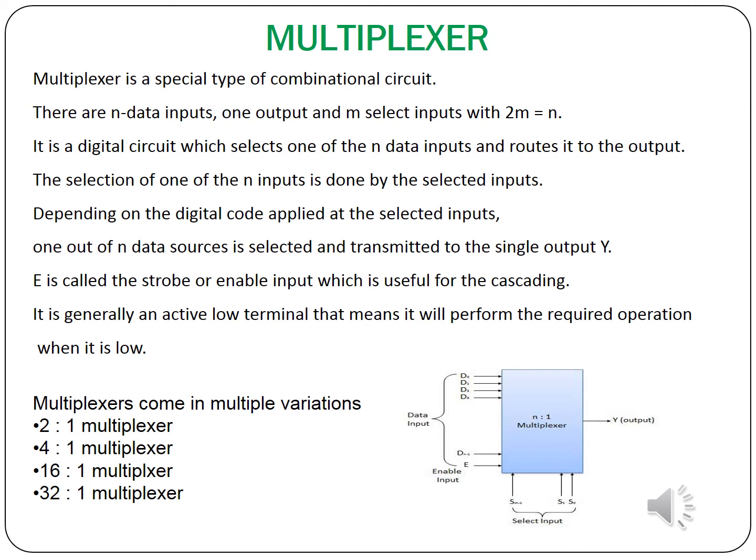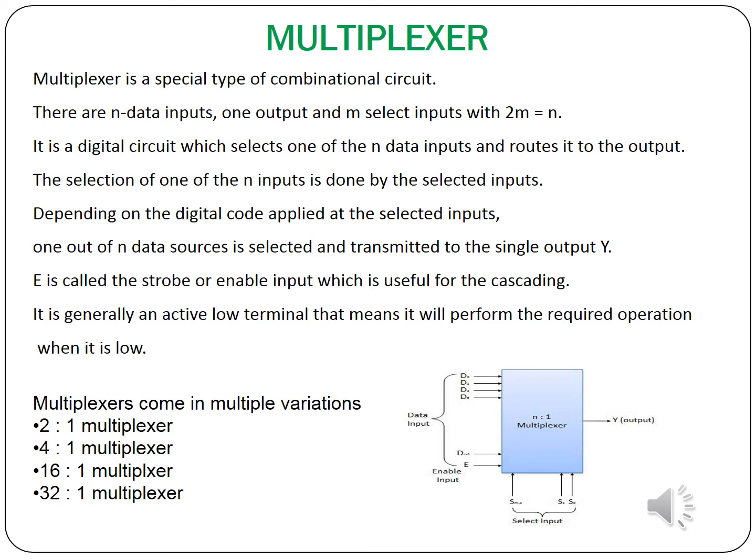Multiplexers come in multiple variations: 2:1 multiplexer, 4:1 multiplexer, 16:1 multiplexer, and 32:1 multiplexer is also available. For a 2:1 multiplexer, one select line is needed.